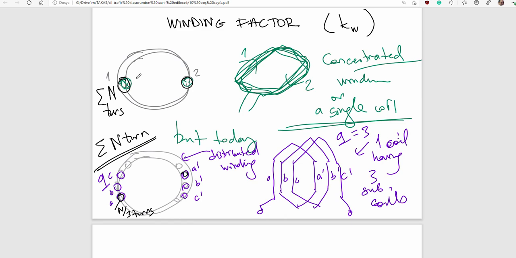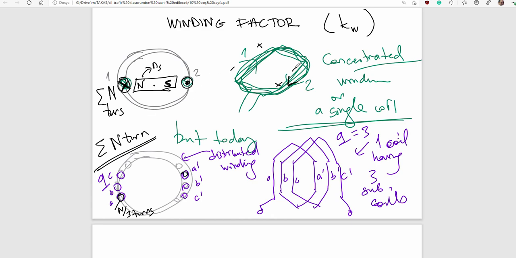Let's substitute a pole here, let's say N and S, and rotate that salient pole in clockwise direction, and apply the left hand three finger rule. That is the induced EMF's direction, that is the polarity, and that is the reverse of the polarity due to the reverse magnetic pole.